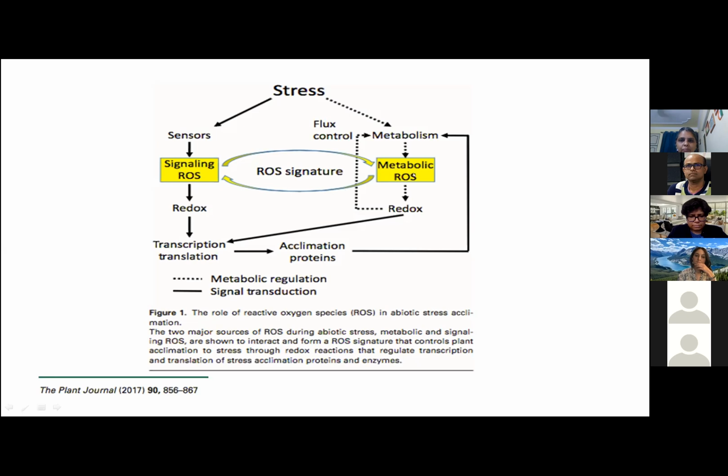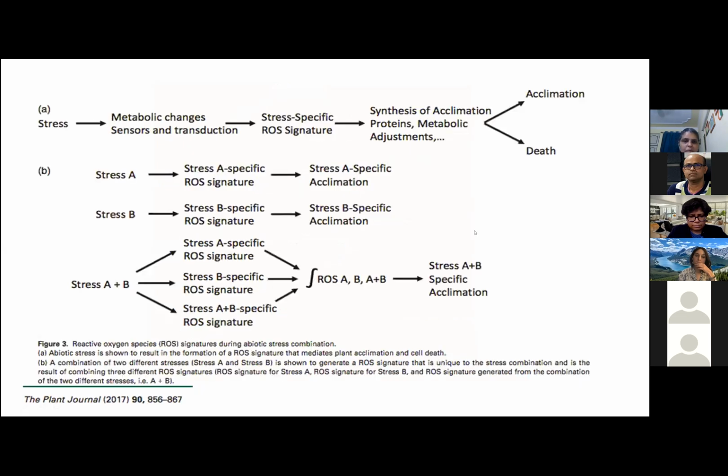So these ROS, the signaling ROS or the metabolic ROS, would ultimately affect different kinds of biomolecules present in the plant, right? That would affect the overall cell milieu, and you can detect that. These techniques can be helpful at that step.